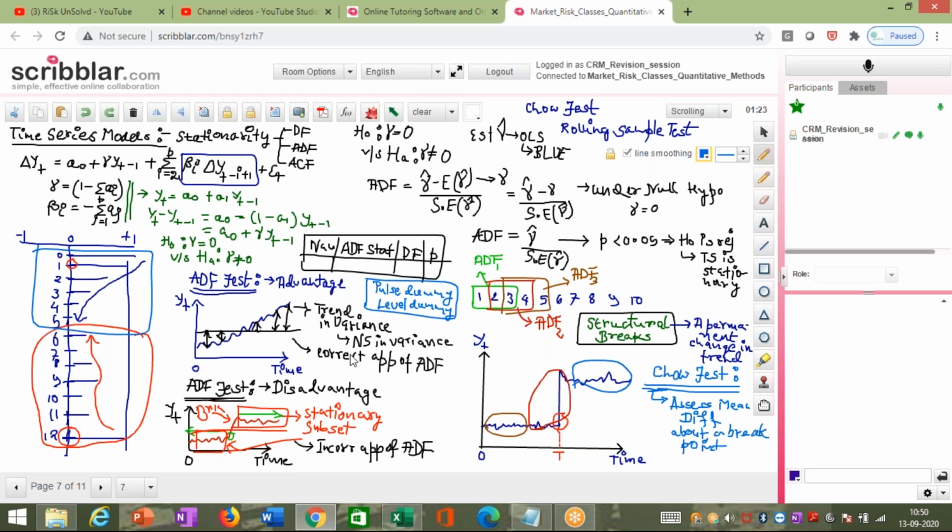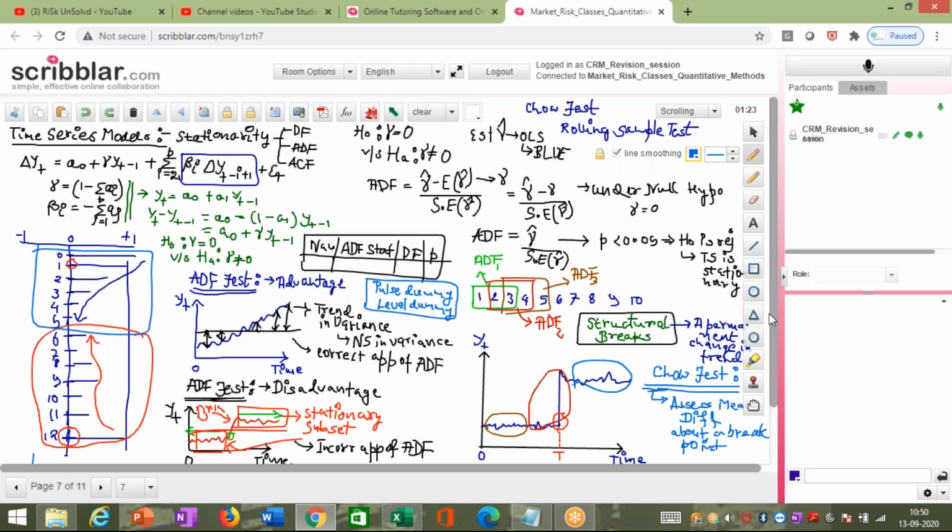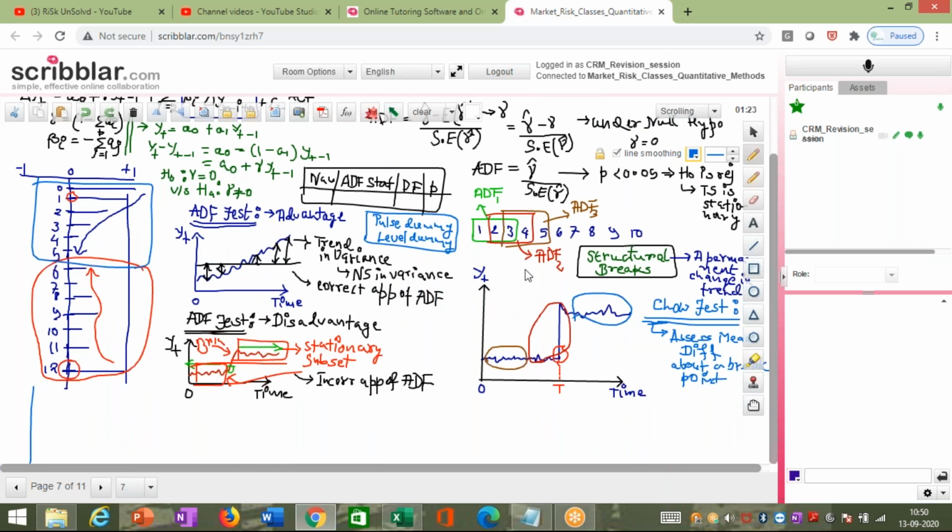So before we talk about framing the hypothesis, let us define the pulse dummy and the level dummy.